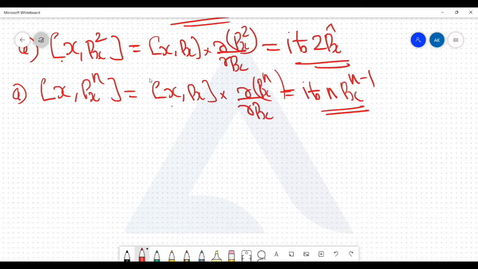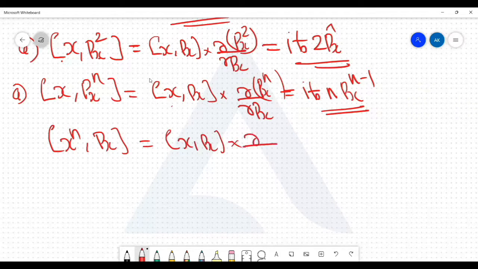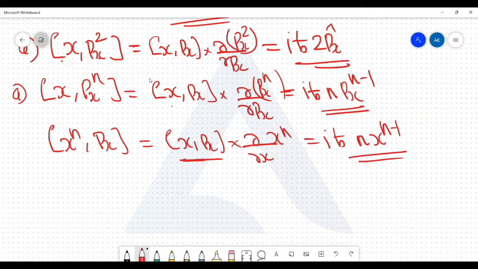Okay. What about this? [x power n, px], same. [x, px], now you have ∂/∂x of x power n. This is nothing but iħ n x power n minus 1. This is a difference.